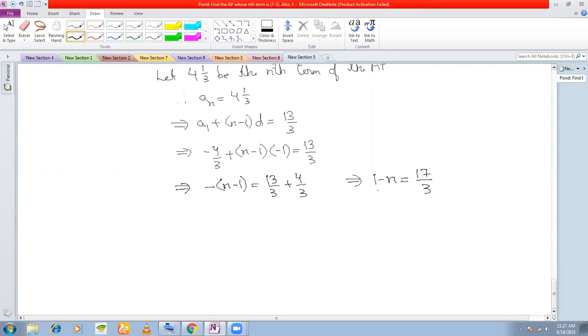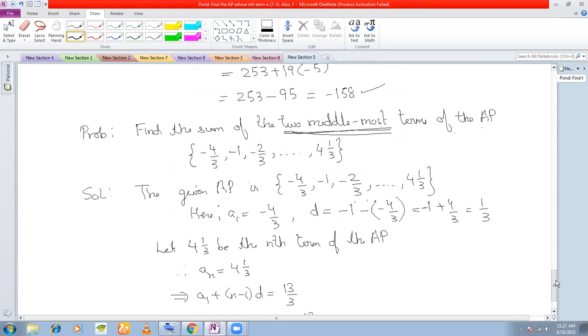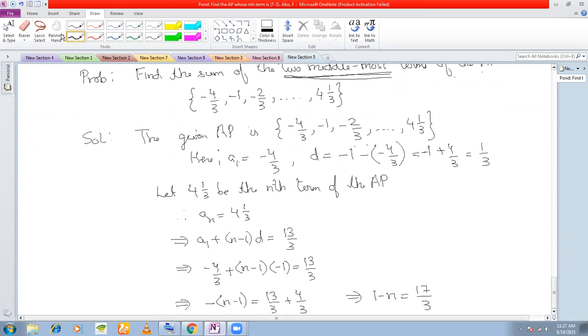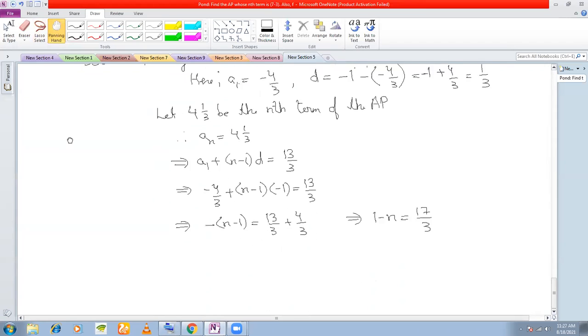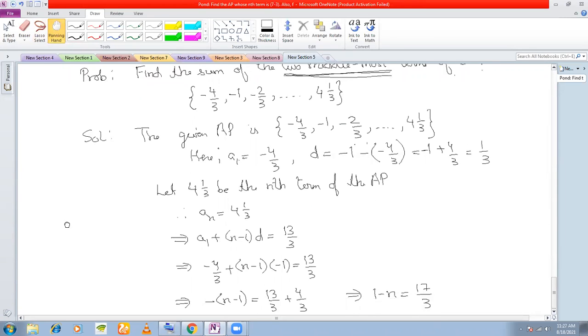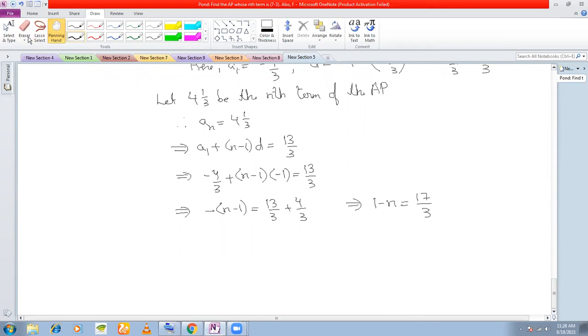Have I written the AP correctly? Into D. D here is how much? D here is 1/3, not -1. A1 here is -4/3. D is 1/3. I've taken this as -1.